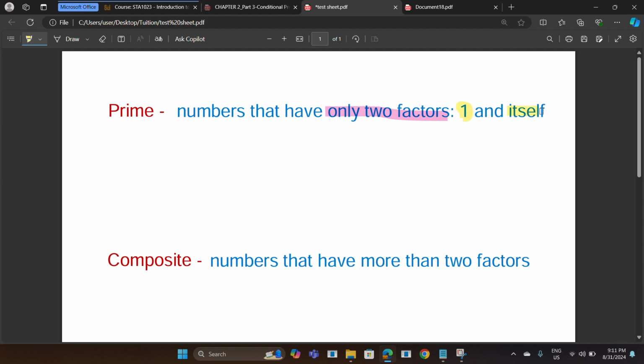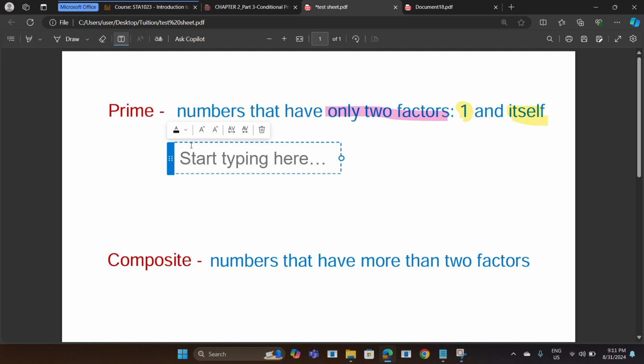Itself means, let's take an example. Number 2. What are the factors of number 2? Factors of number 2 are 1. We can divide number 2 by 1. And also we can divide number 2 by itself.